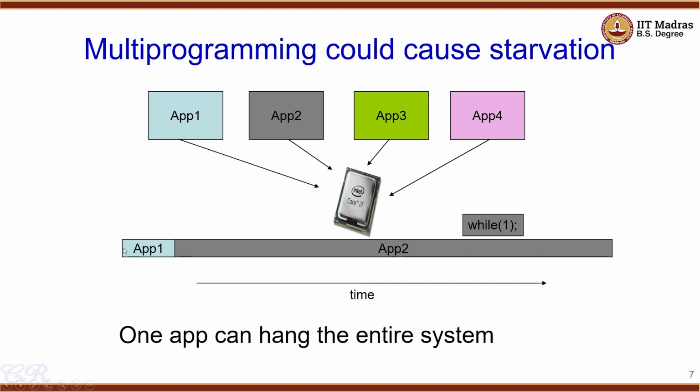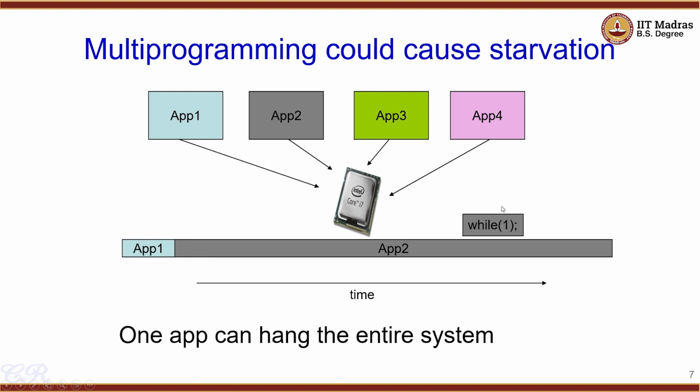So app 1 executes for some time, it waits for an event, and then the operating system decides that application 2 executes. Application 2 hits the while loop and is continuously executing, leaving no chance for the other applications to execute and run on the processor.